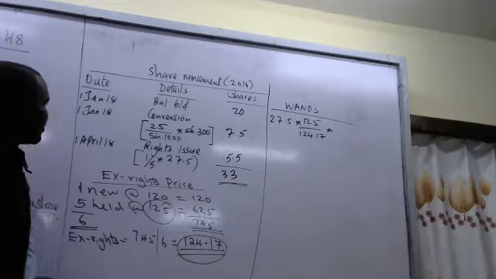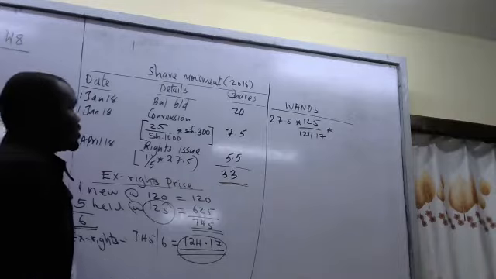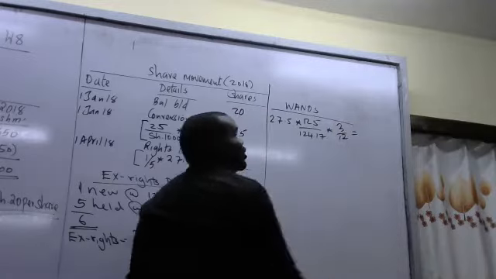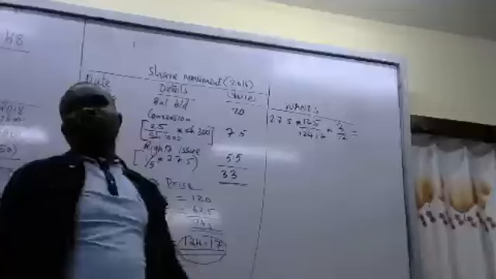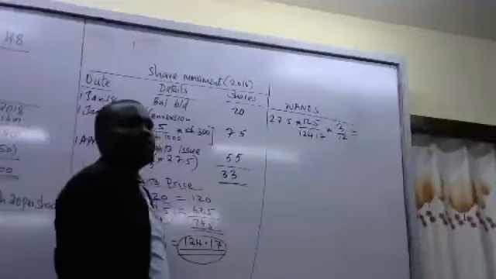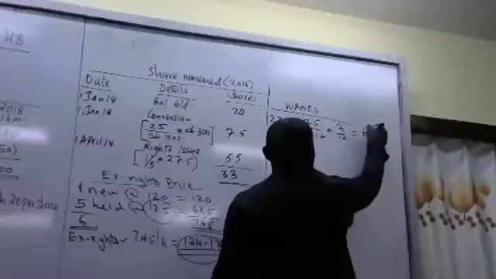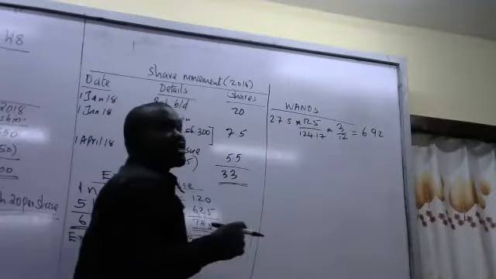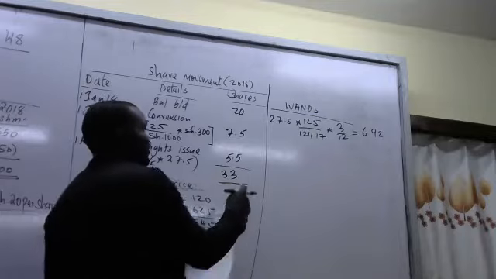The rights issue took place on 1st of April. So how many months are those? 3 months. So before the rights issue, they were entitled to earnings for 3 good months, giving you 6.92. Then shares after the rights issue, 33.